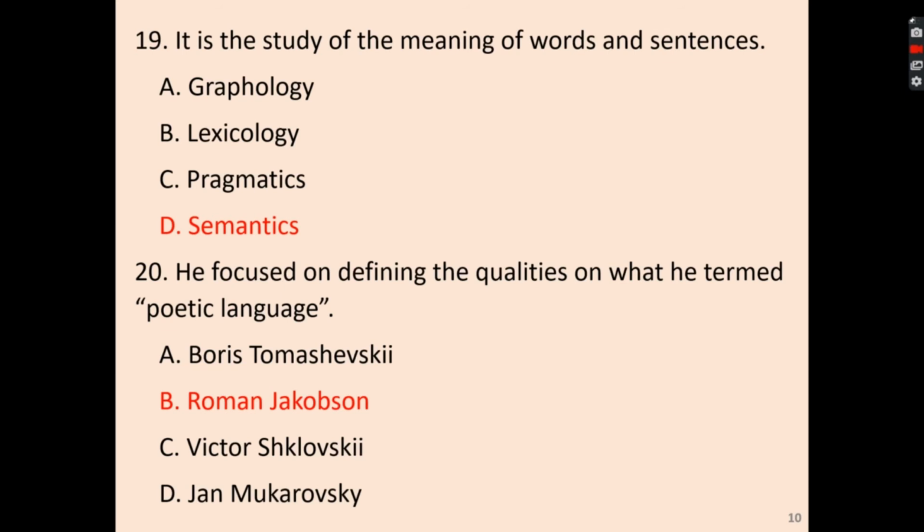And this is the focus of Roman Jacobson. Roman Jacobson is one of the important personalities in the history of stylistics. Actually, all of these four have definitely contributed a lot in the field of stylistics, and we could come across these four personalities as we go along with our discussion in the history of stylistics.